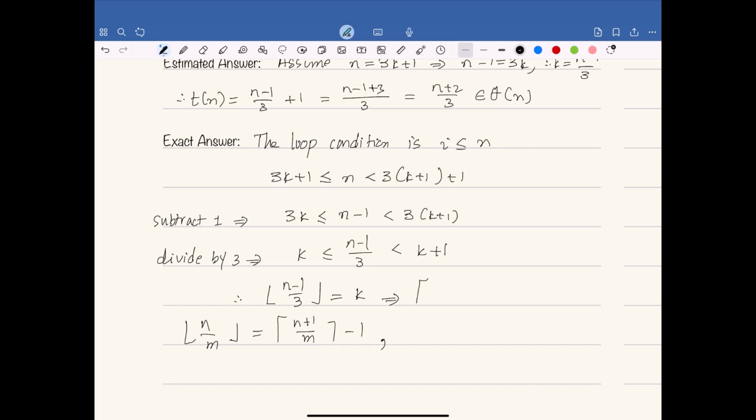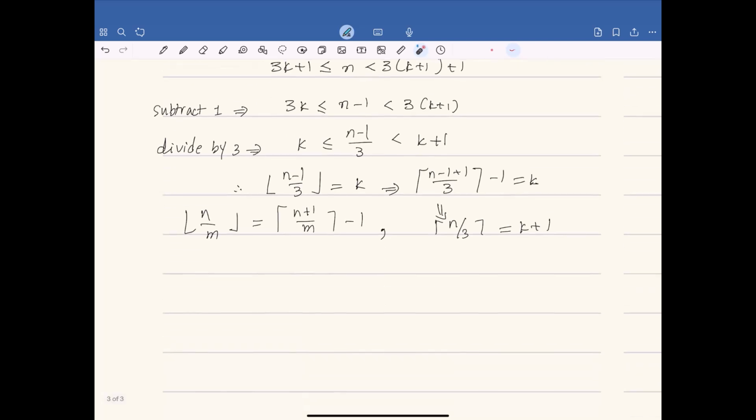So we will say ceiling of (n minus 1 plus 1) over 3 minus 1 is equal to k. And from here we have the ceiling of n over 3 is equal to k plus 1. And simply this is equal to formula 1. So we say that T(n) as an exact answer is equal to k plus 1, and this is equal to the ceiling of n over 3.